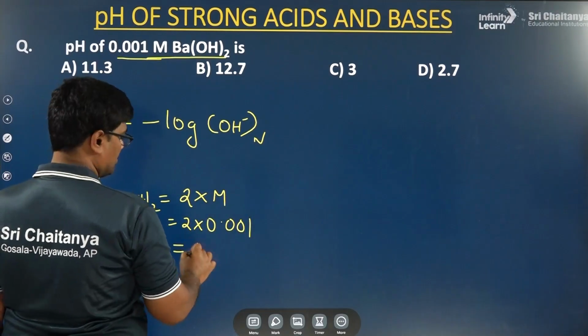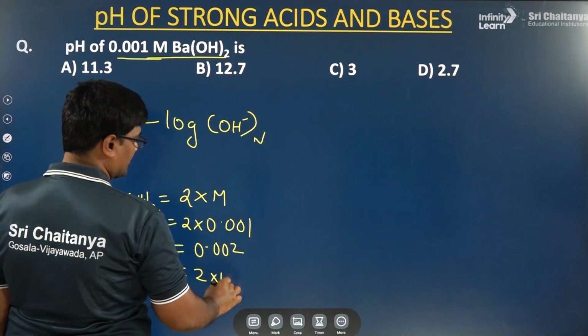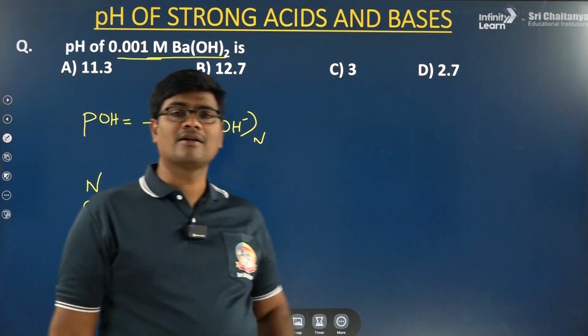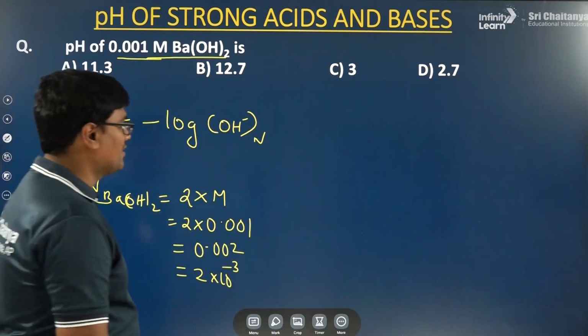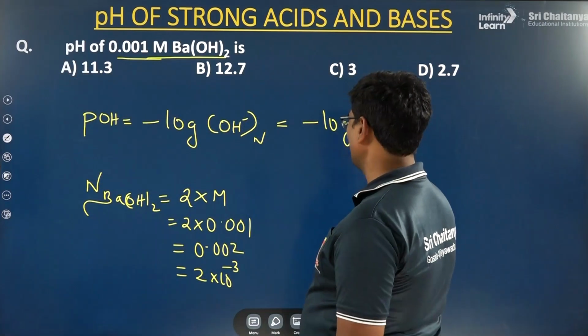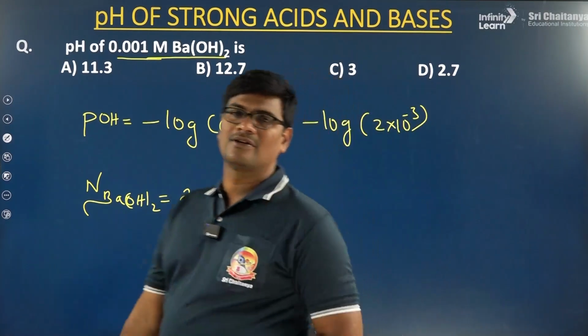That is equal to 0.002. I am also writing it as 2 into 10 power minus 3. We got the normality of the barium hydroxide, 2 into 10 power minus 3. After that we get the pOH. The pOH is minus log of 2 into 10 power minus 3.